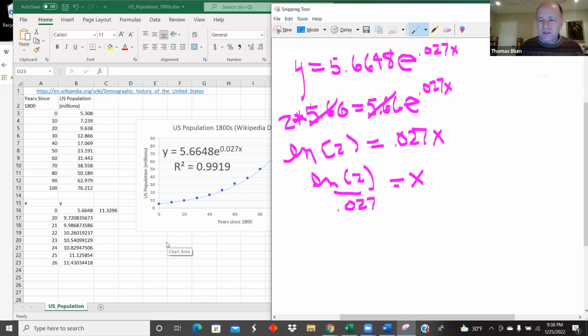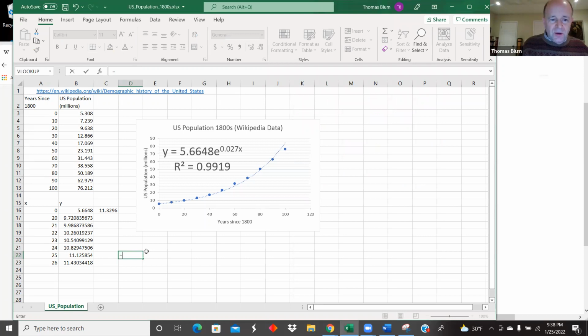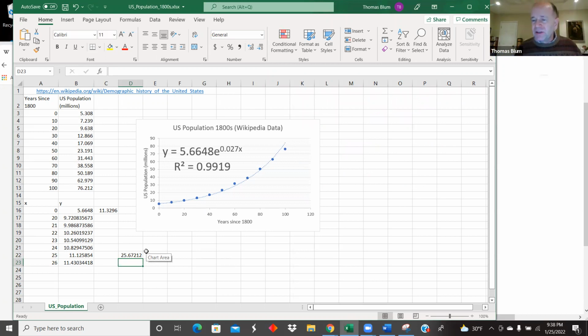So let's go back over to Excel. Excel knows math. So it knows about a logarithm, ln, natural log of 2. And then I'm going to divide that by 0.027. And there's my 25 years, 25.67 years.